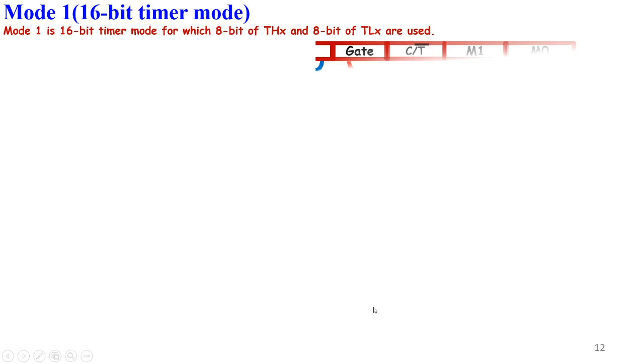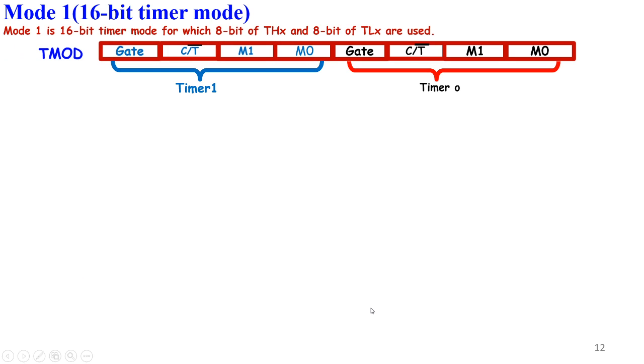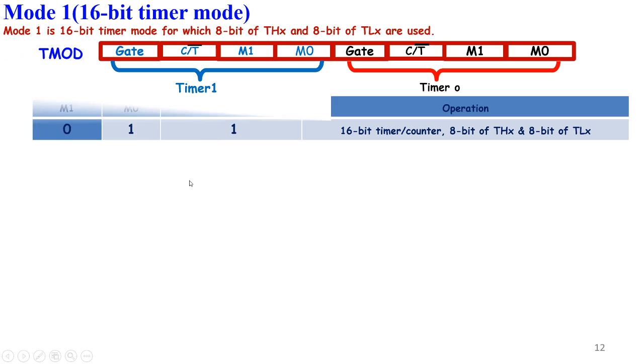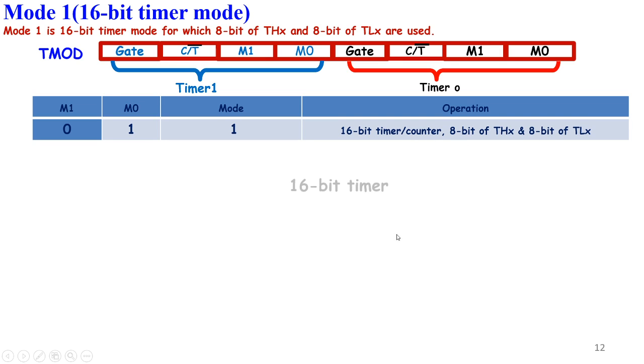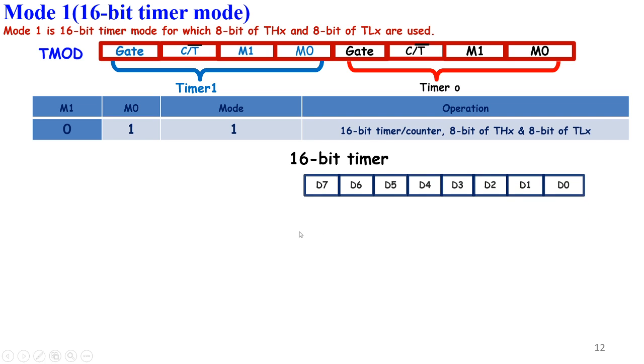In mode 1, the 16-bit timer mode, the TMOD register's content will be like this: M1, M0 is 01, mode 1 selected, 16-bit timer or counter, and the lower byte and higher byte both have 8 bits, making a 16-bit timer.